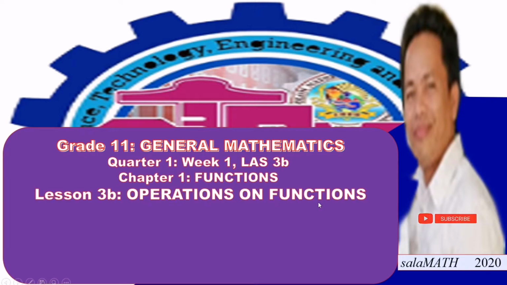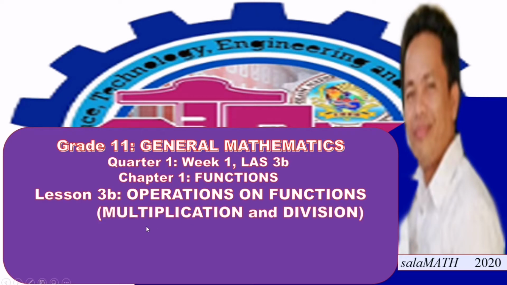Today's presentation is on General Mathematics Quarter 1, Week 1, Lesson 3B about the operations on functions, particularly multiplication and division. This is our function operation for multiplication and division. Let f and g be functions. Their product, f times g of x, is equivalent to f of x multiplied by g of x.